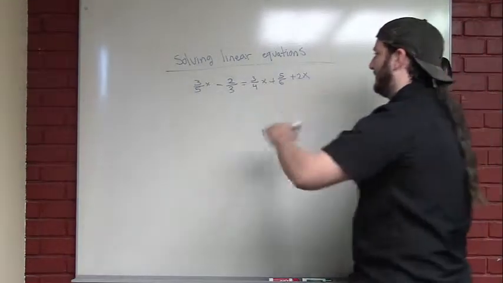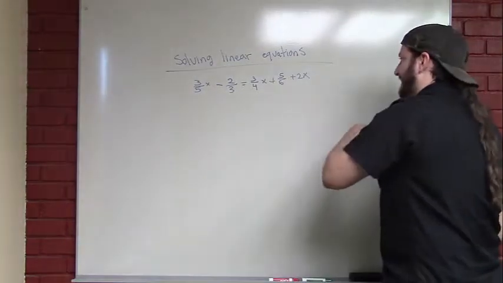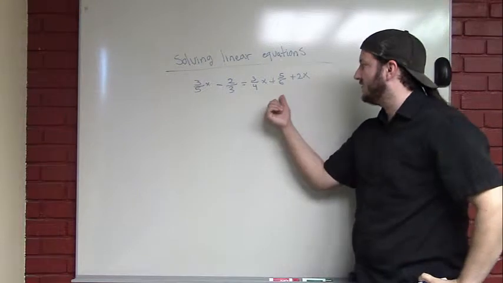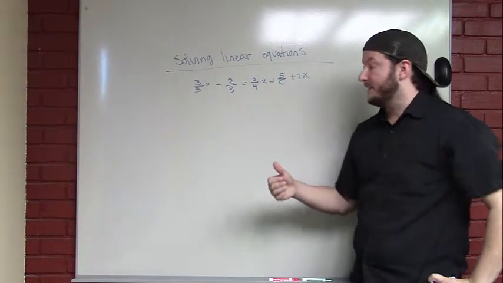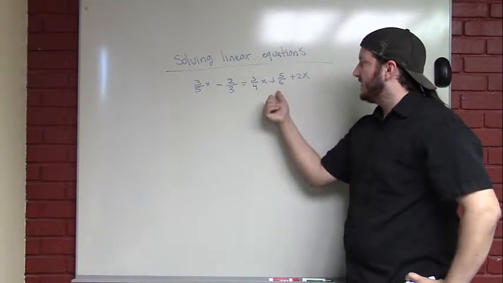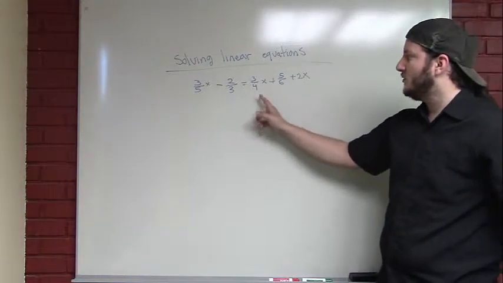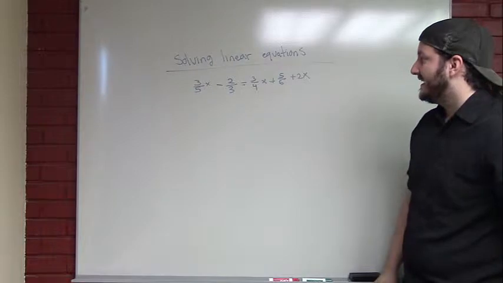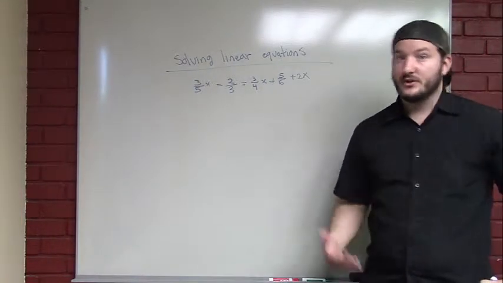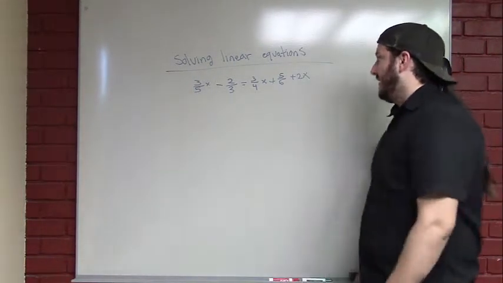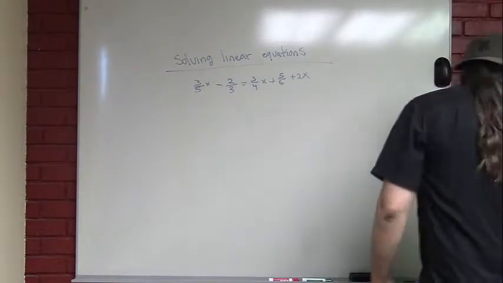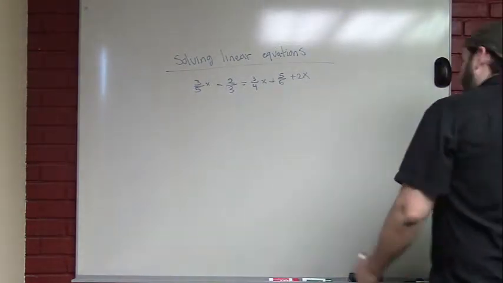So what is the common denominator going to be? There's really no easy way to figure it out. Basically, you just have to ask yourself, I guess I should have prepared better for this video. You have to say, what number can 6 go into, 4 go into, 3 go into, and 5 go into evenly? If you guys already know the answer, good job. Guess I'm getting kind of slow today.